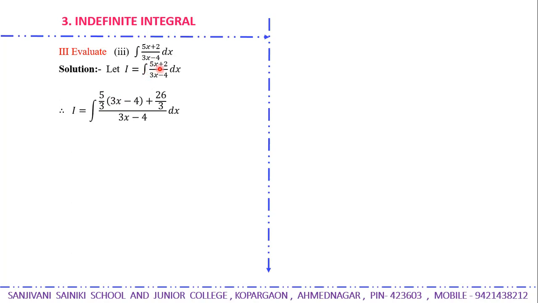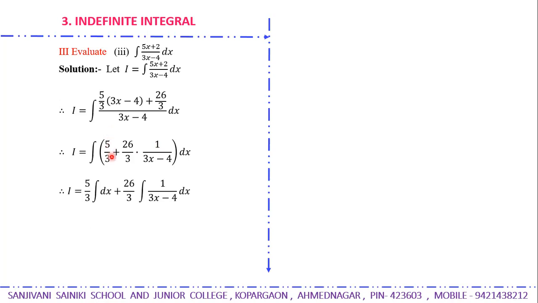As I have multiplied by 3, here it also becomes 6, but I don't want 6, I want minus 4. So that form again I have to simplify. So this 5x plus 2 I have written as 5 upon 3 times 3x minus 4 plus 26 upon 3. Then I will divide this numerator by 3x minus 4 separately.